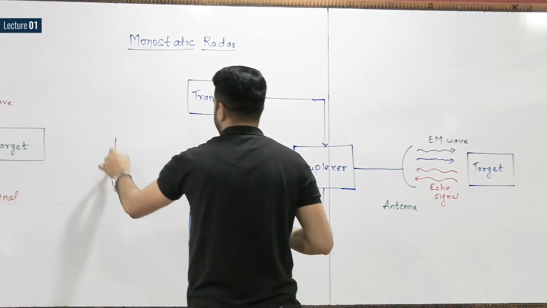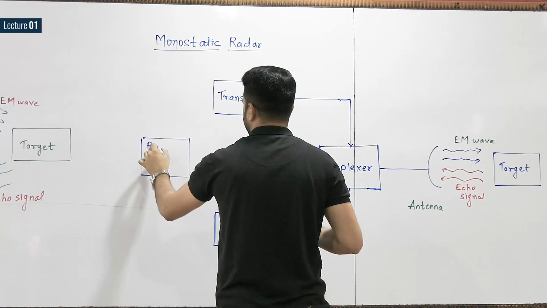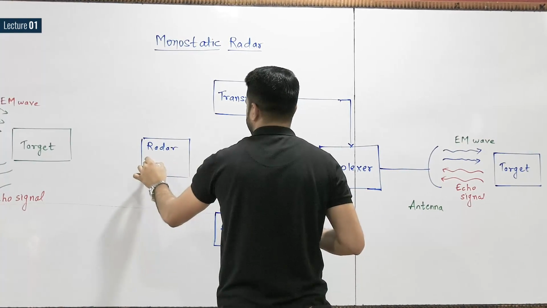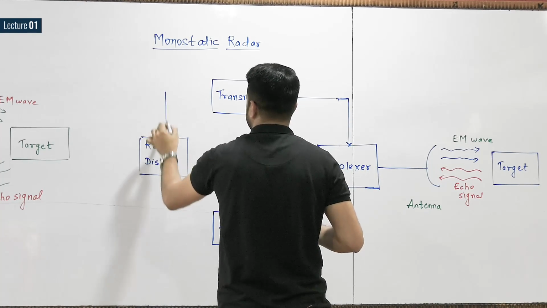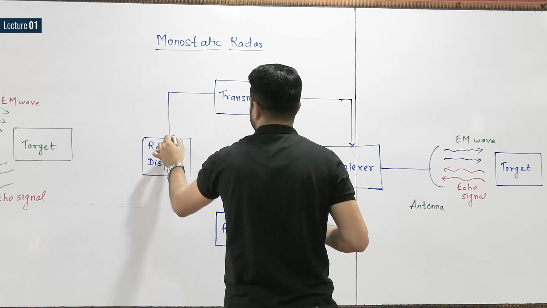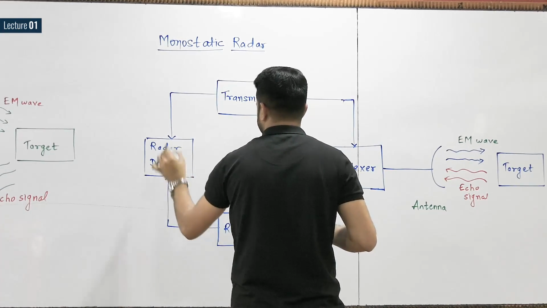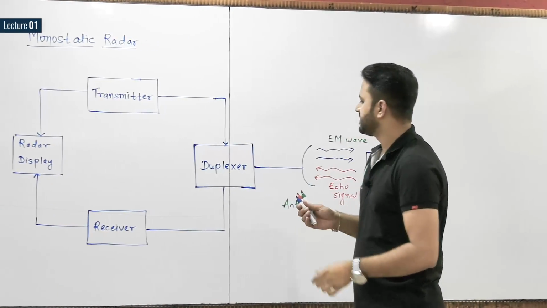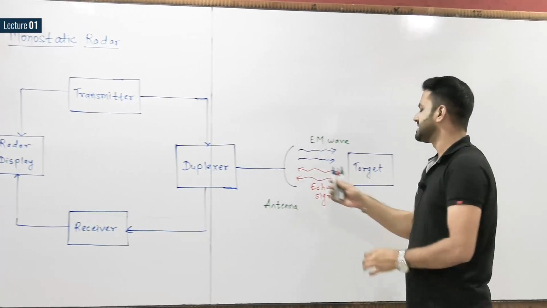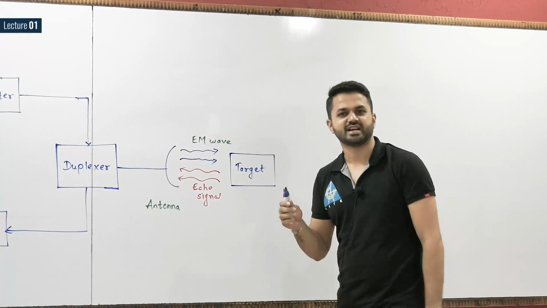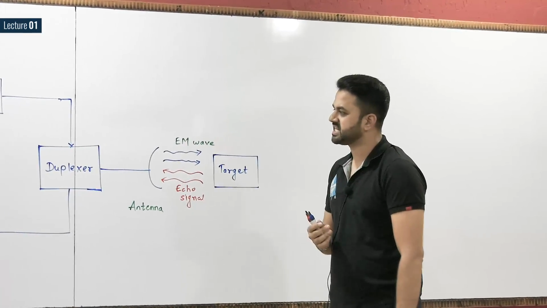And here we have a radar display. So in this way, with the help of this duplexer, only a single antenna can be used for transmission and reception. So this is the block diagram of the monostatic radar.